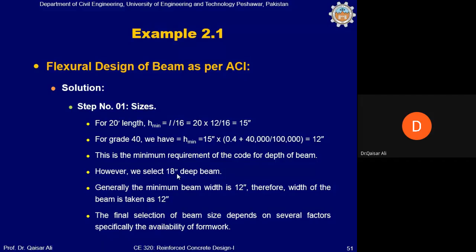One of the disadvantages is that it will unnecessarily increase the weight of the beam. And it may not reduce the area of steel because there is a minimum reinforcement requirement. Regardless of your size, you will always have to place that minimum reinforcement inside the beam. So the depth of the beam shall be within reasonable limits.